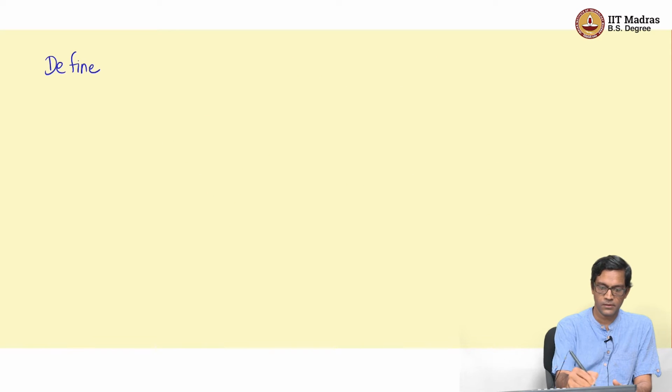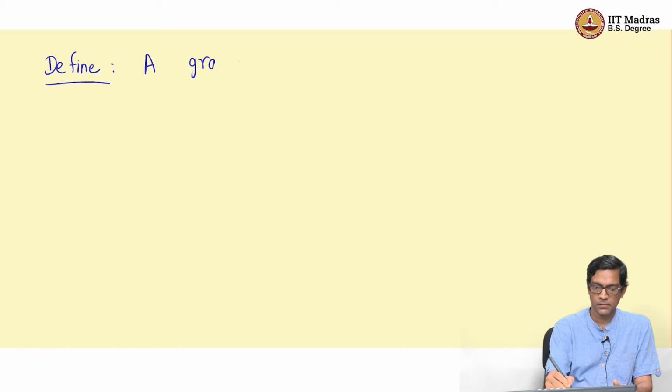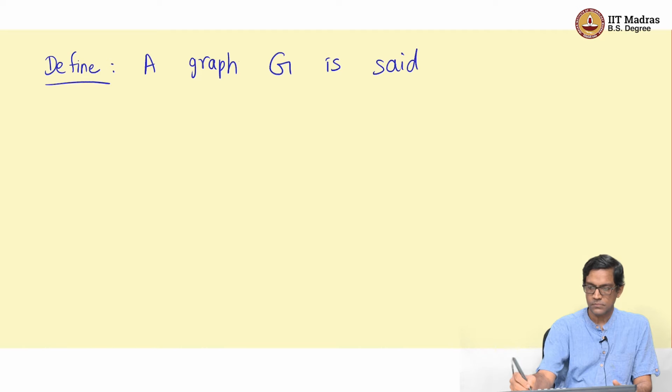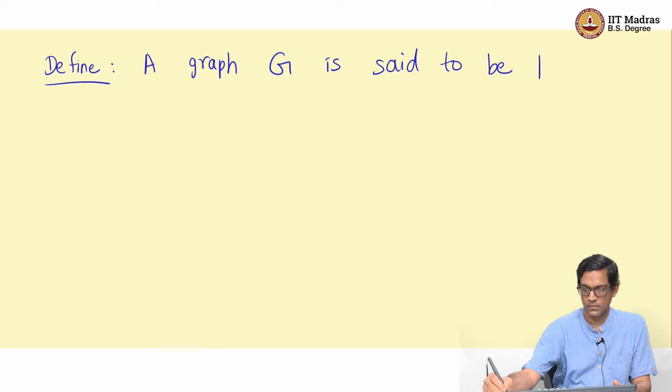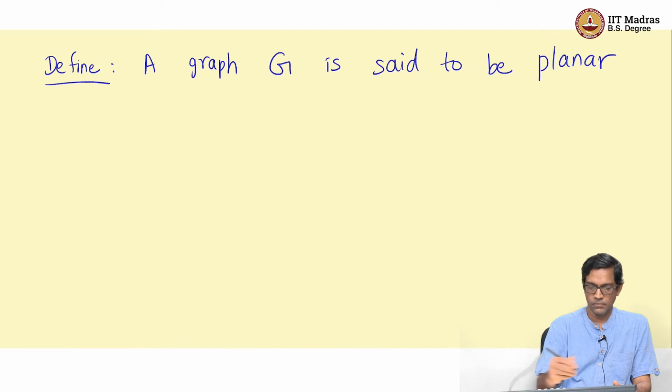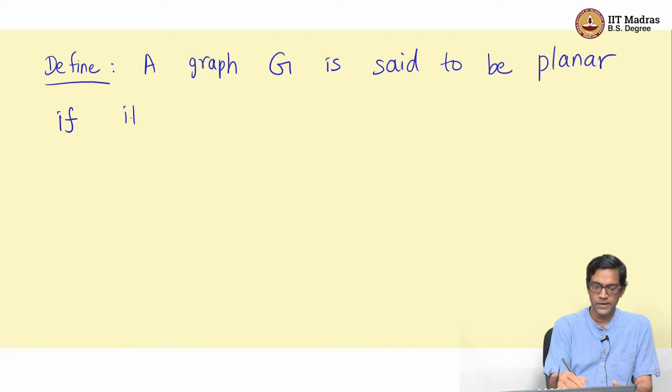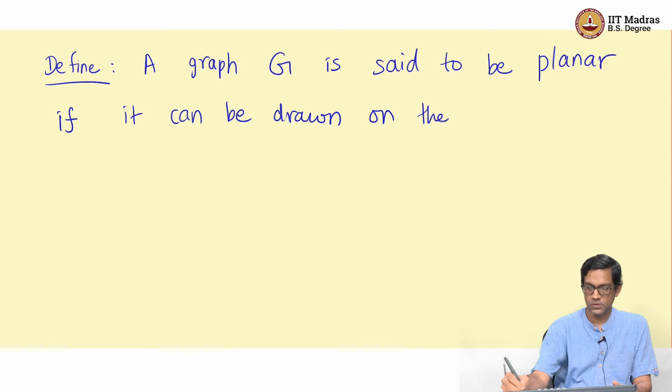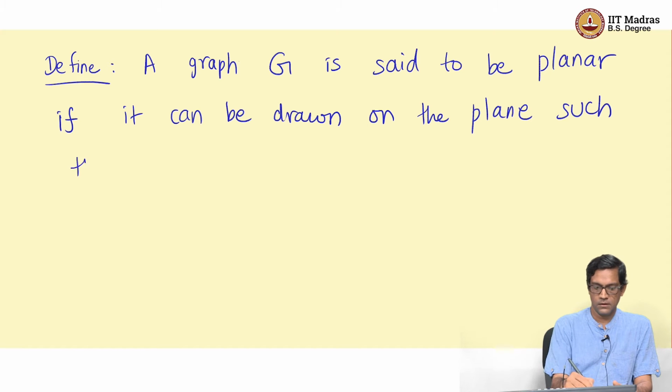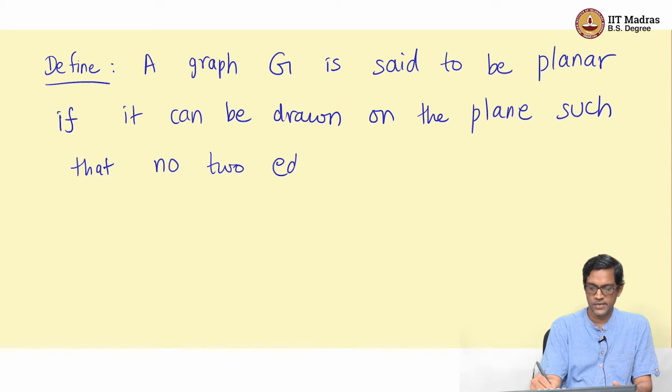So we say a graph G is said to be planar if it can be drawn on the plane, as we usually do, such that no two edges intersect except at a vertex.